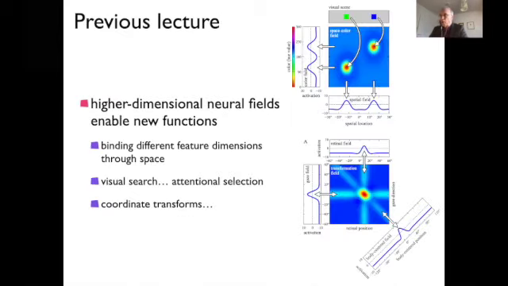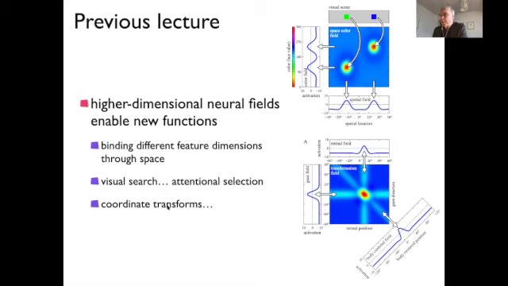So let me first recall what we did last week, what I will be using here today. Last week, I pointed out how high dimensional neural fields enable new functions, new over low dimensional fields. I'm listing here the three: binding, visual search or attentional selection, and coordinate transforms.